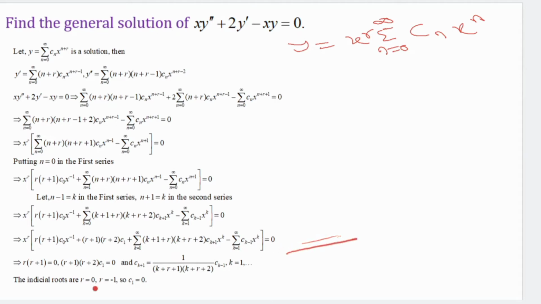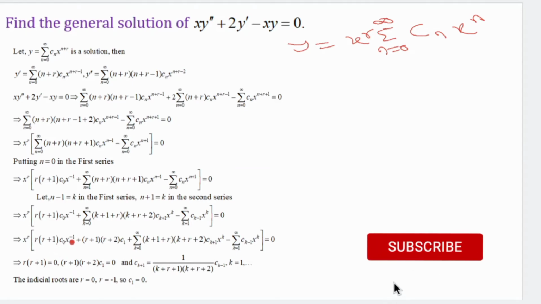Now you can see this whole series is equal to 0, which means we can say the coefficient of this one is also 0, and this one is also 0. So we know that for the initial equation we always choose the lowest power of x.